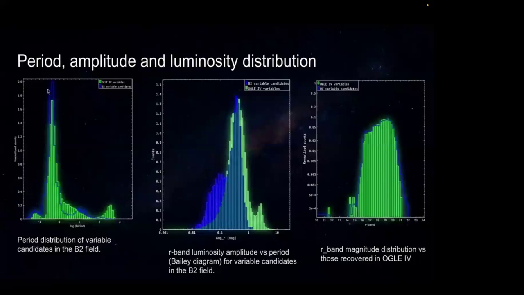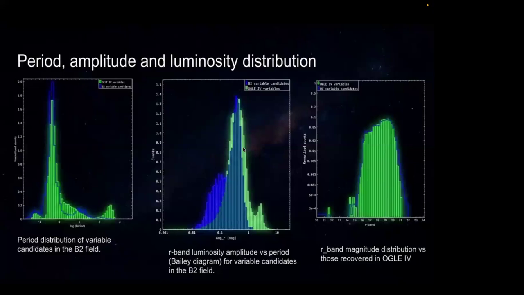The blue solid line is the period histogram for our variable list. You can see that the variables we found mostly cover the period range of RR Lyrae stars, and for the very small period sources it is also more successful than OGLE.